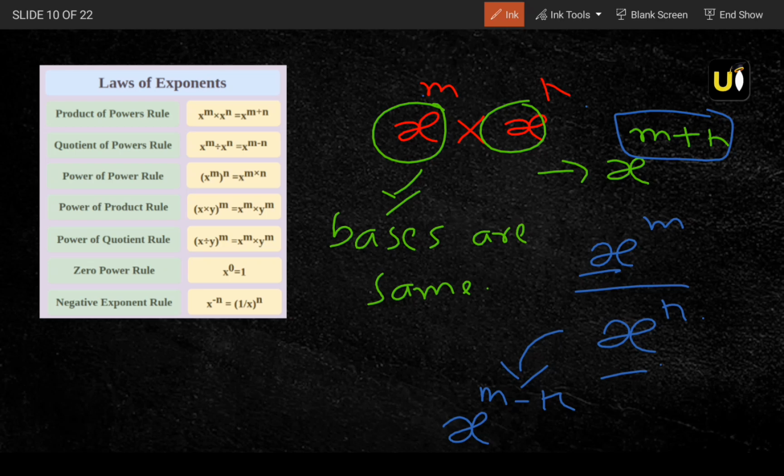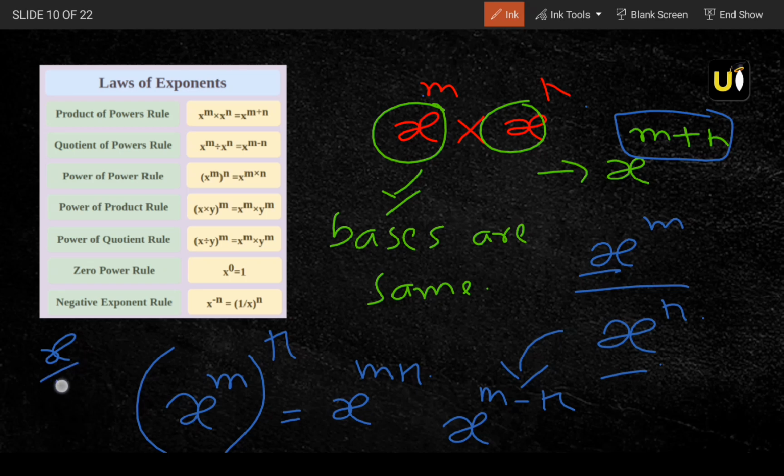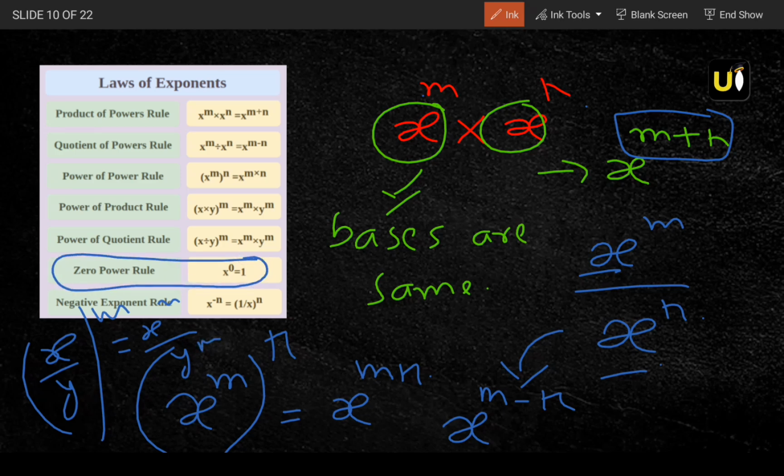And the power rule. See, for example, here you are given x power m whole power n. This can also be written as x power m n. And similarly, x by y whole power m is x power m by y power m. And here this is very important, the zero power rule.